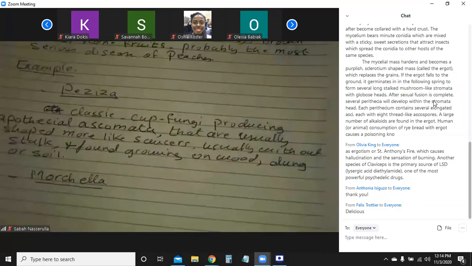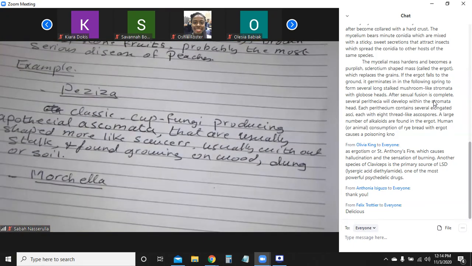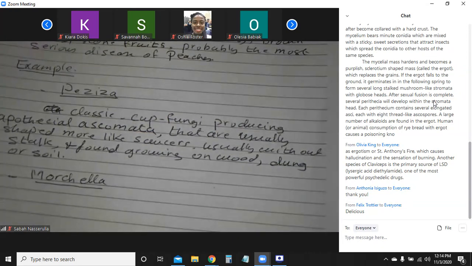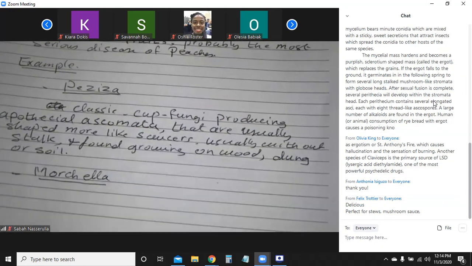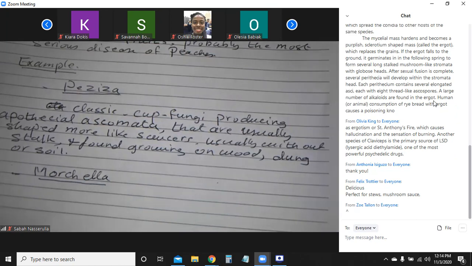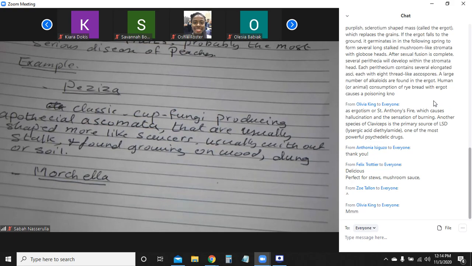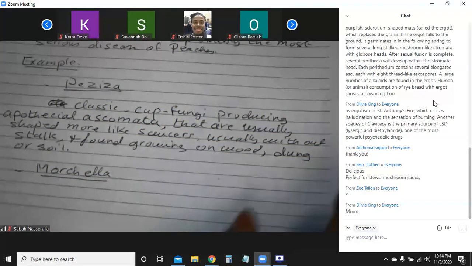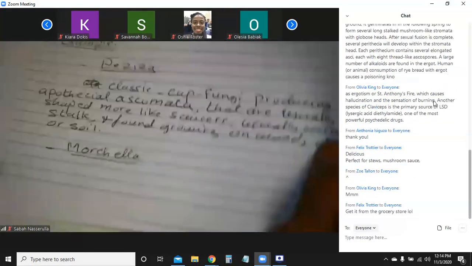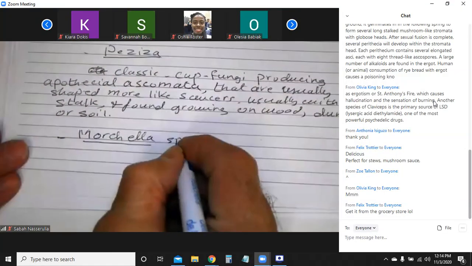Supposedly, most of these Morchella are edible, but normally I would never advise anybody to eat something unless very experienced. And they say they are always very delicious.